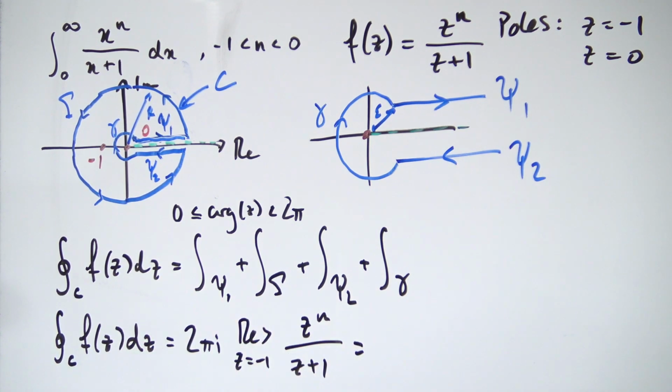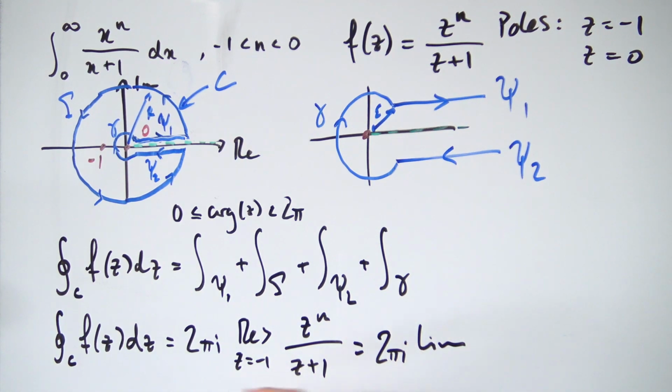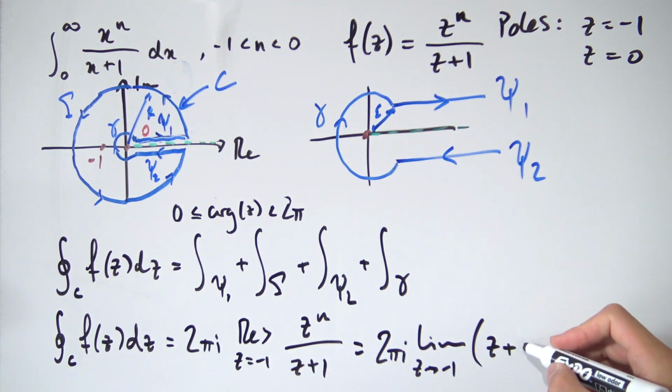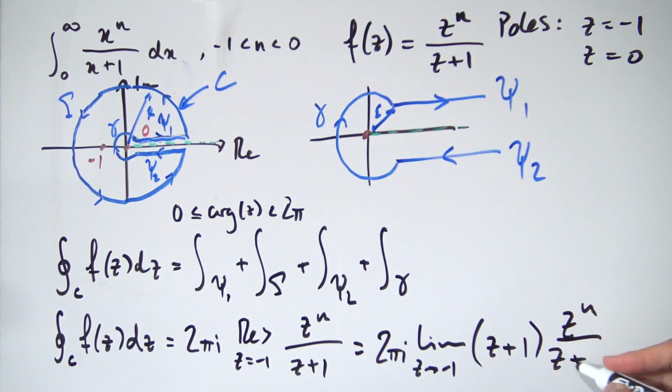Our function is z to the n over z plus 1, and we can use the definition of the residue, which is the limit as z approaches our pole, so z approaches -1, of z minus the pole. So we have z minus -1, which is just z plus 1, times our function, which is z to the n over z plus 1.